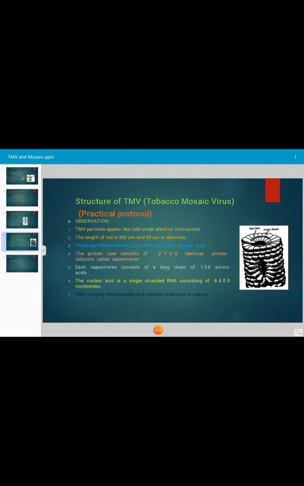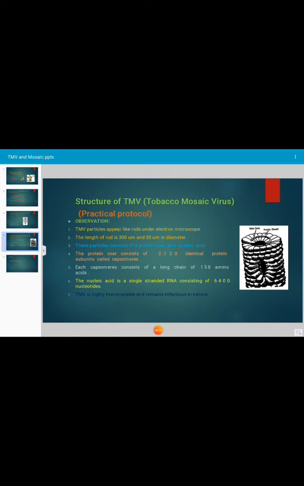In the protein coat there are 2130 identical protein subunits. That means the complete virus which causes tobacco mosaic disease consists of 2130 protein subunits, and these subunits are called capsomers. Each capsomer consists of a long chain of 158 amino acids.